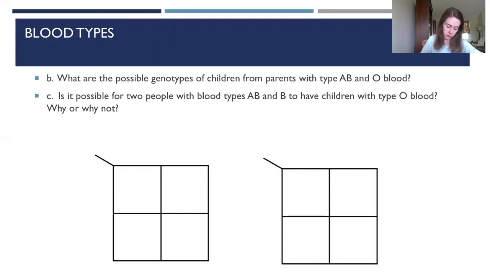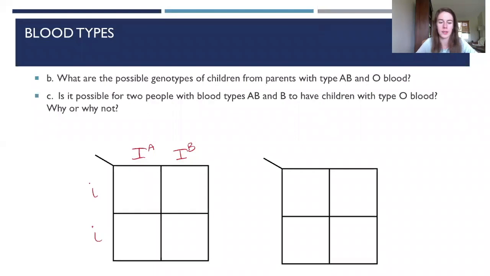Okay. So parents A, B, and O, can they have a child with type O blood? We're going to figure that out by just doing these examples. So AB blood, they have to have a big A and a B, because that's the only genotype possible. The person with O blood can only have little i, little i.